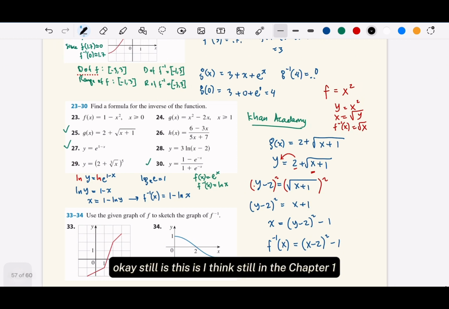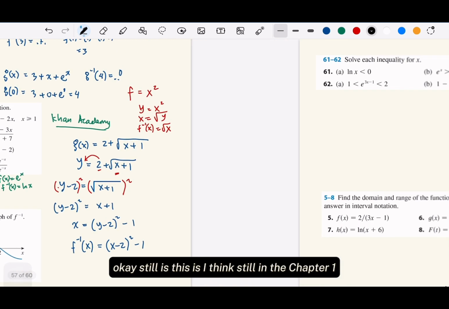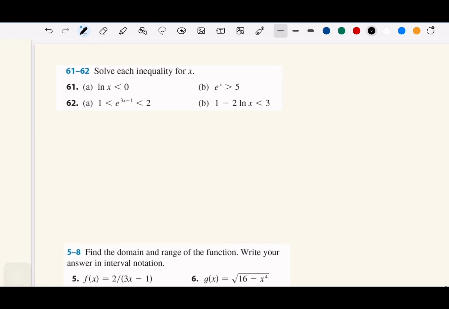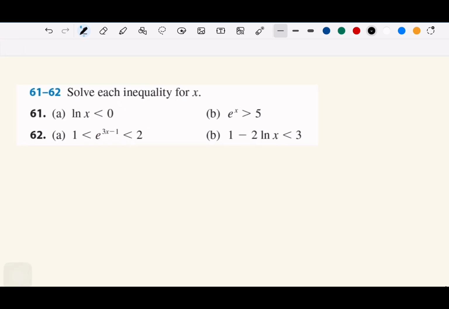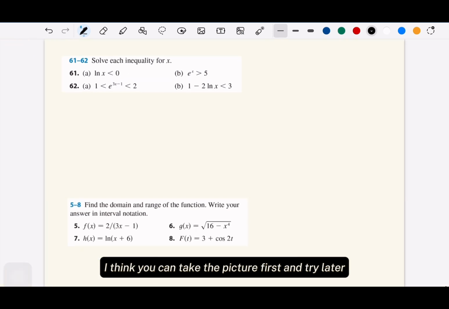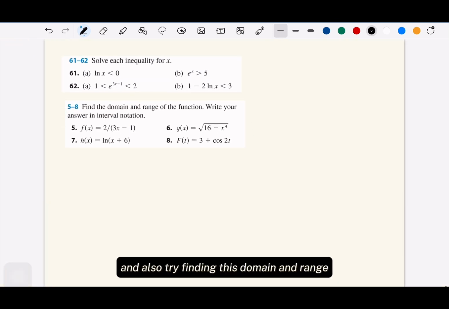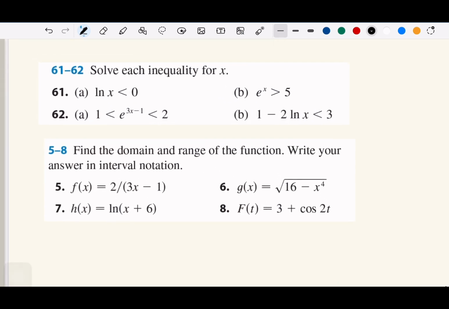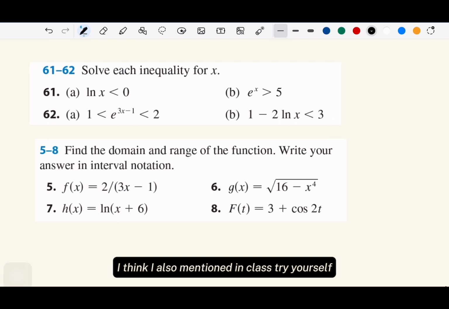Okay, this is I think still in chapter 1. And this is also similar, log and exponent. You can take the picture first and try later, and also try finding the domain and range. I also mentioned it in class, so you could try it yourself.